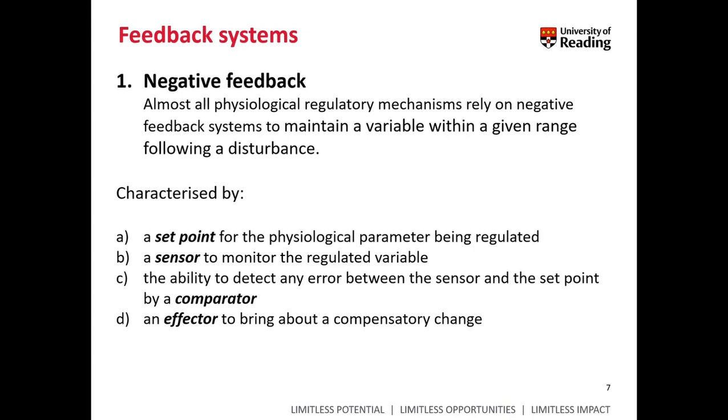Then the ability to detect an error, a discrepancy between the set value and the value detected by the sensor, so a comparator. And then finally an effector, which is the organ or the system or the tissue which puts into effect the compensatory change. I will follow with the last bit of these.